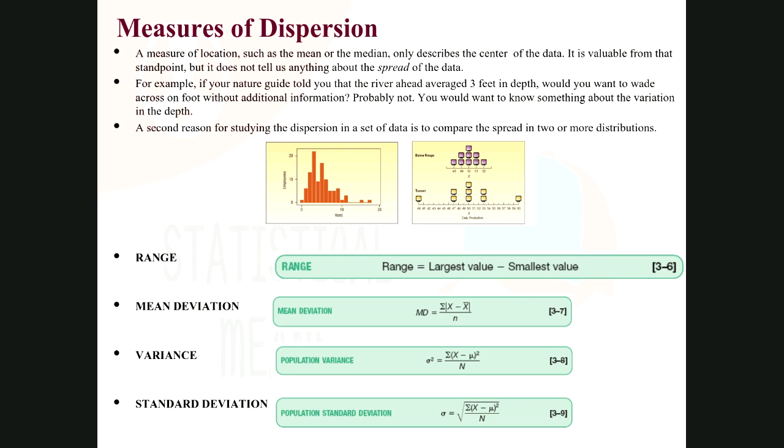And the variance is sigma squared, the sum of the population minus mu, squared, divided by n. But remember you have a formula sheet, so these are all within the formula sheet.